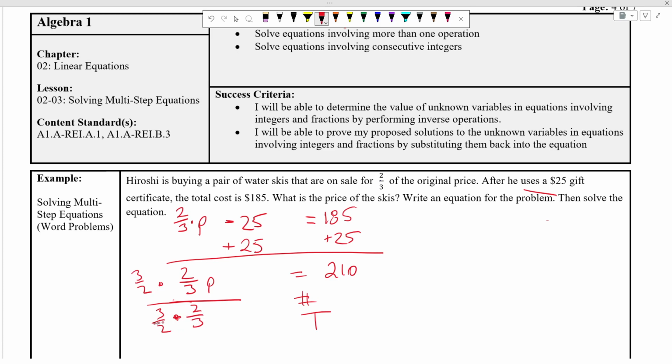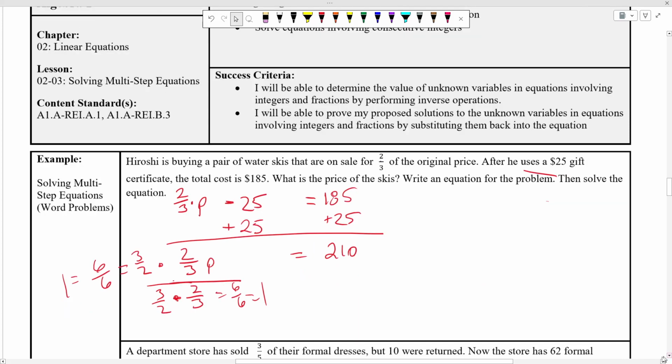So if I just focus on this denominator here, this becomes 6 over 6, which itself is 1. This top part becomes 6 over 6, which itself is 1. Let me get more space going here. I have effectively now a 1p over 1, which again, we don't write the ones in math, so we have achieved p equals something.